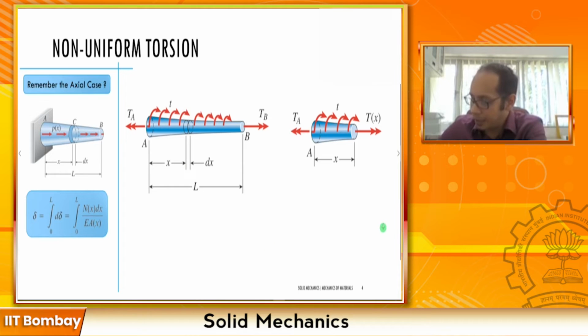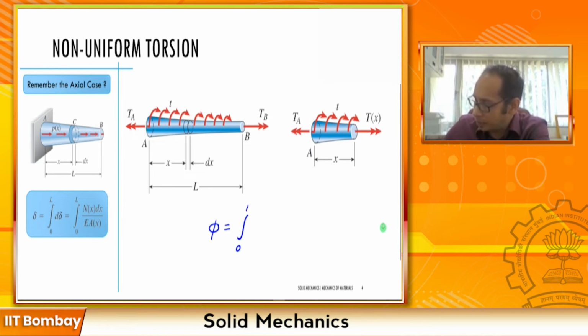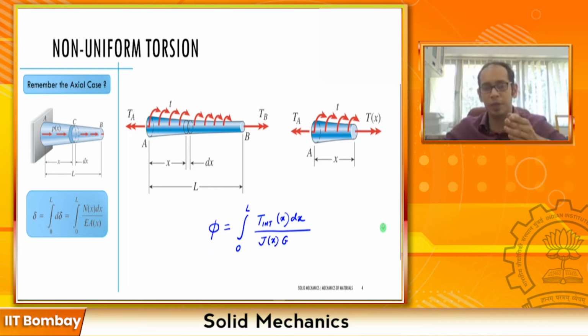In this particular case you are going to calculate the phi, and you can take the free body diagram and solve it, and you see that eventually the integral comes out to be one and the same. Analogically again, it is going to be 0 to L, T internal at x divided by A x, assuming it's made of the same material.